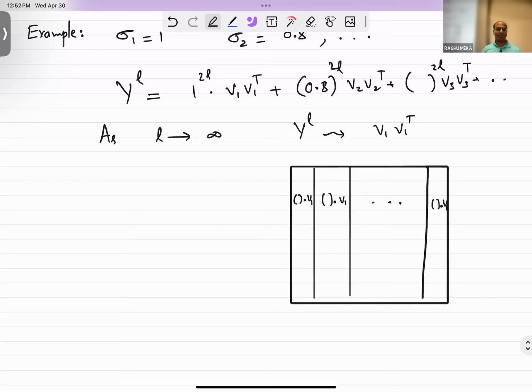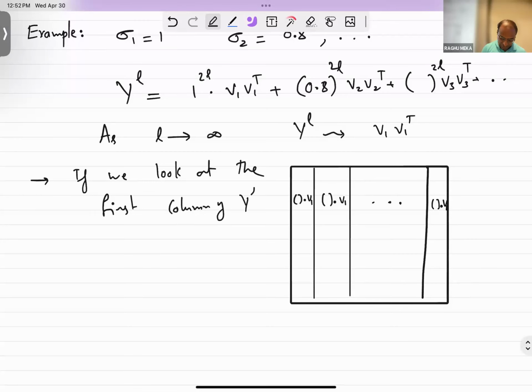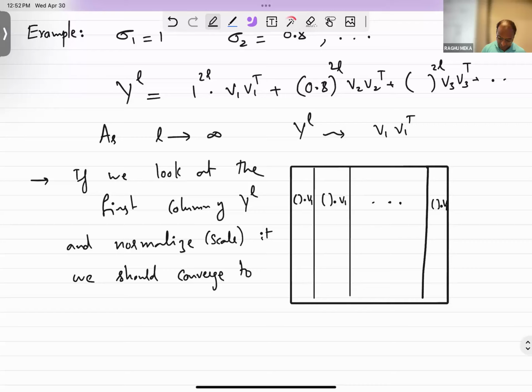First column. So that means if we look at the first column of y to the L and normalize it, meaning scale it, we should converge to V1, which is the first right singular vector, the first principal component, and so on.